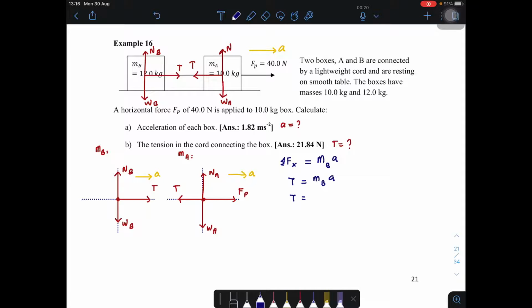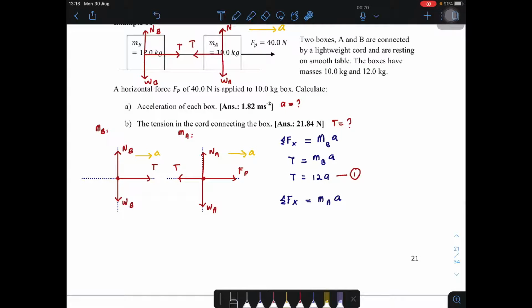So tension here will be equal to 12A. So we have the first equation. And then the next one for MA. Follow the direction of acceleration as positive, opposite will be negative. So T is opposite to A, so it will be negative. Negative T plus FP equal to MA.